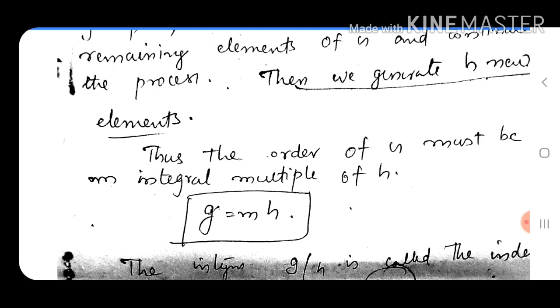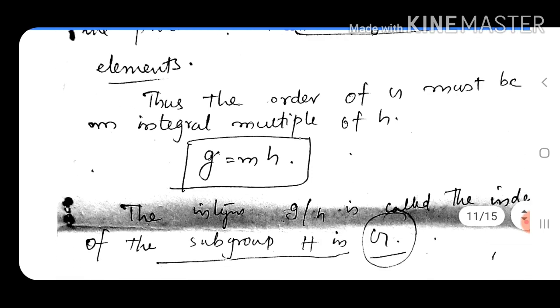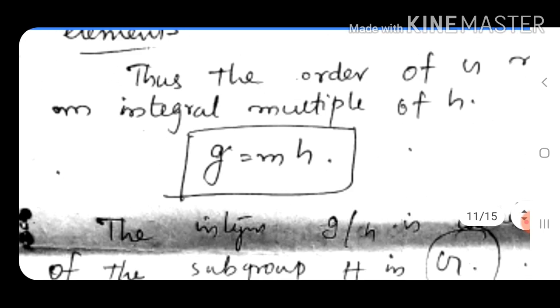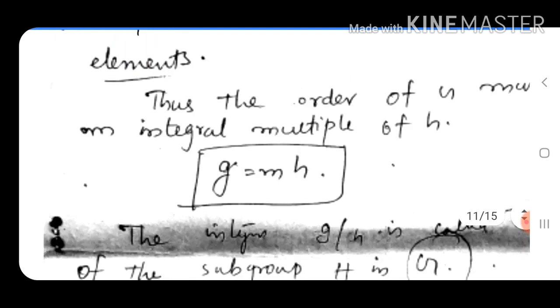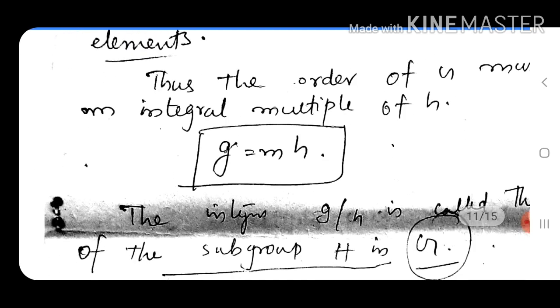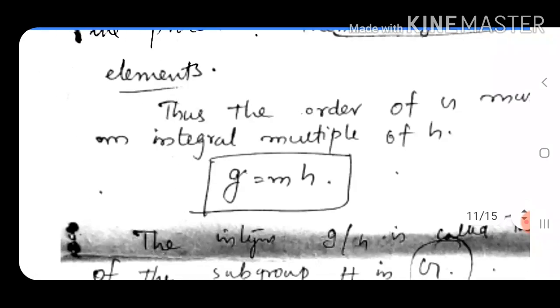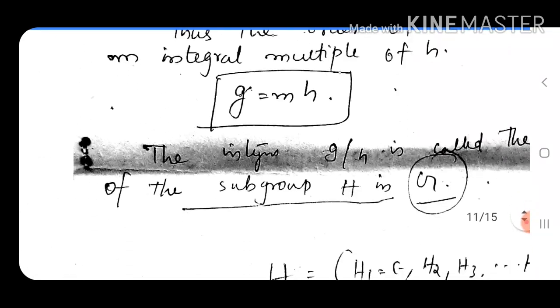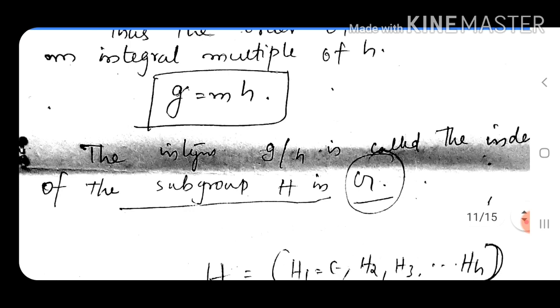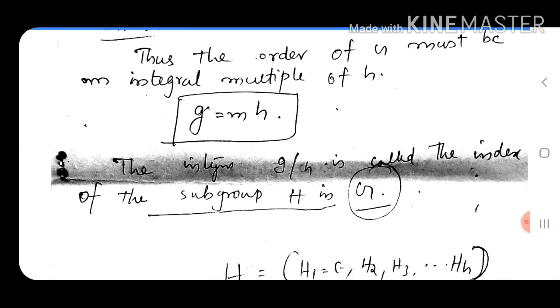So what can we say? The order of the group, small g, is an integral number of times, here m, it can be n, the order of the subgroup. The ratio g by h will be an integer.